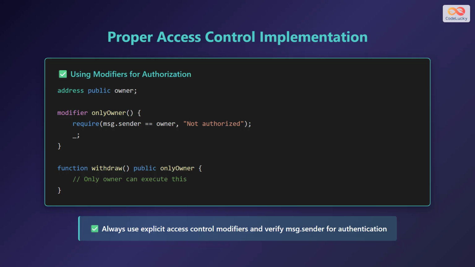Apply this modifier to sensitive functions like withdraw by adding onlyOwner after the visibility keyword. Now only the owner can execute this function. Always use message sender for authentication, never transaction origin. Message sender represents the immediate caller, while transaction origin always refers to the original external account, which can be exploited if that account is tricked into calling a malicious contract.